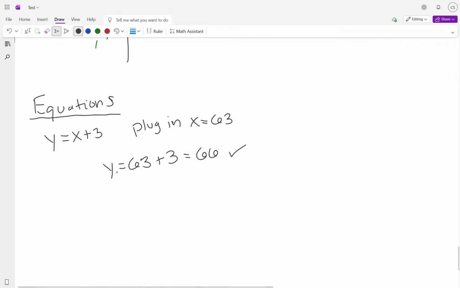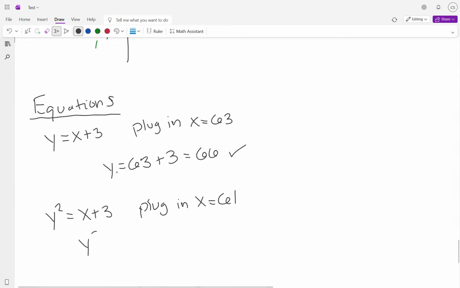So for my next example, let's say I have y squared equals x plus 3, and I'm going to plug in x equals 61.